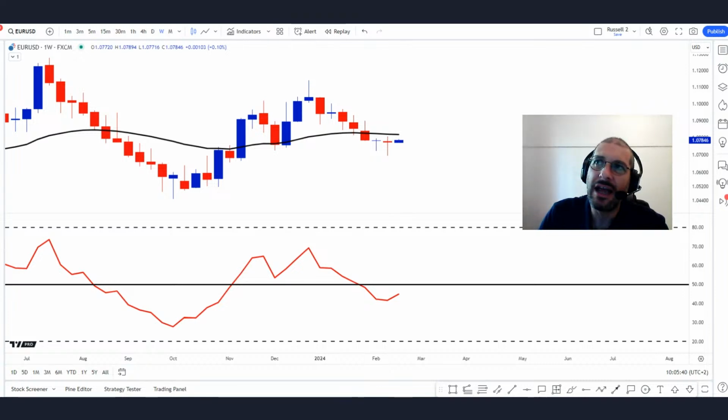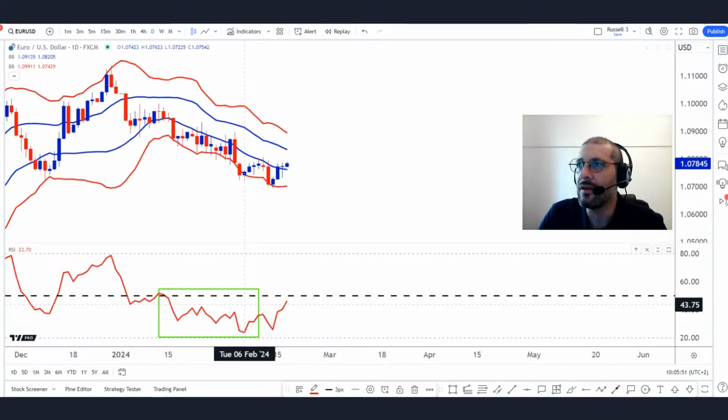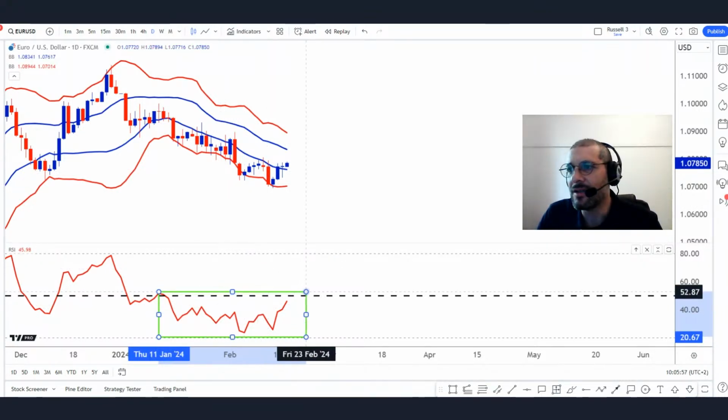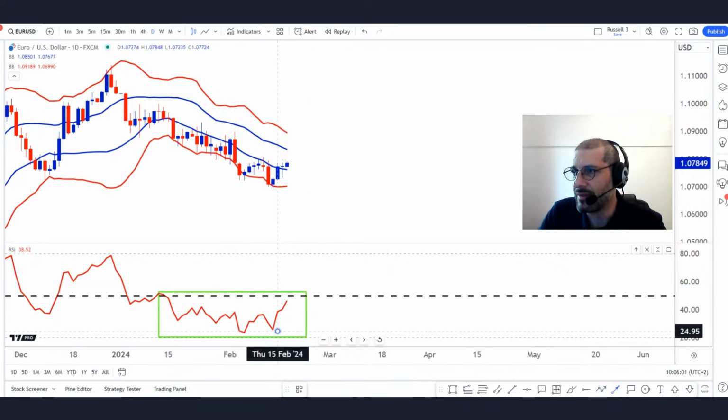Let's just take a look and see what it looks like on the daily chart. All right, so take a look here, and this is going to be quite interesting. The momentum is to the downside. We're under 50, but we've still got this strong movement up here, don't we?